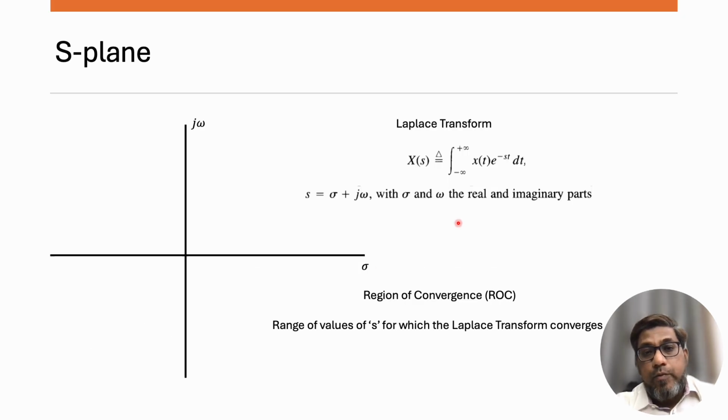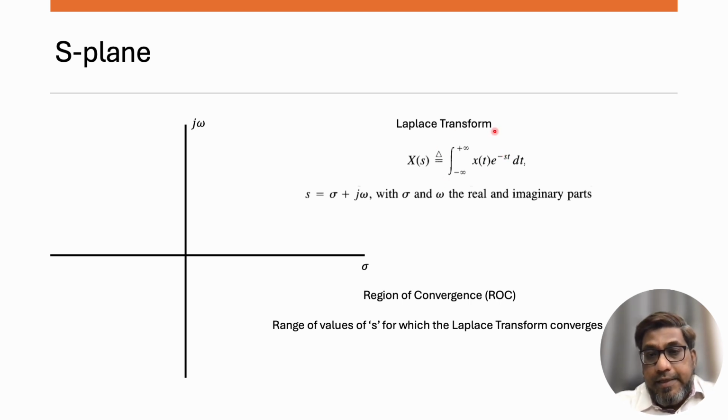So let's quickly highlight what the Laplace transform function looks like. The Laplace transform is defined by this integral, where we take the function of time, a function of a real variable denoted by x of t here, and compute this integral by multiplying the continuous function with e power minus st, where s is the complex variable.